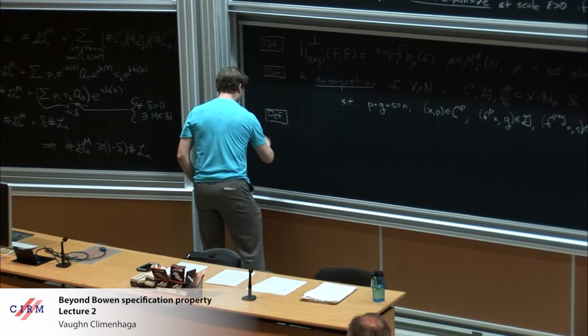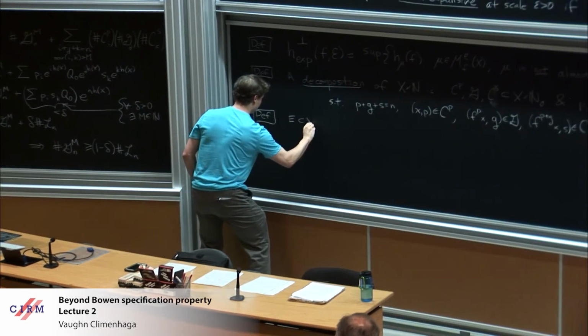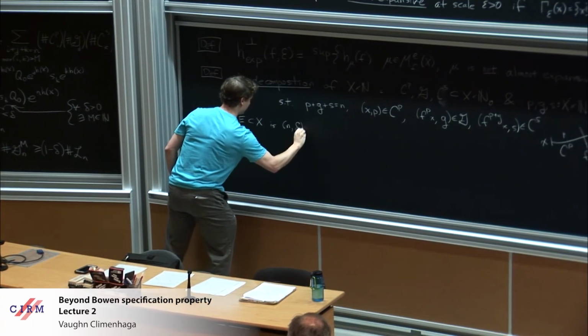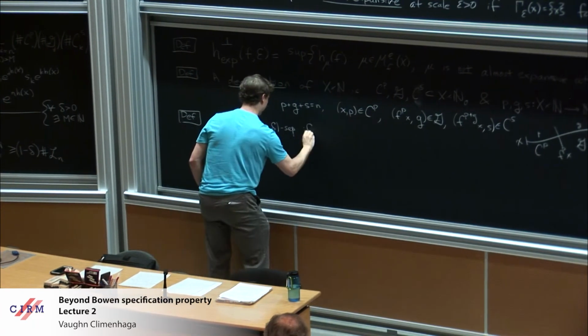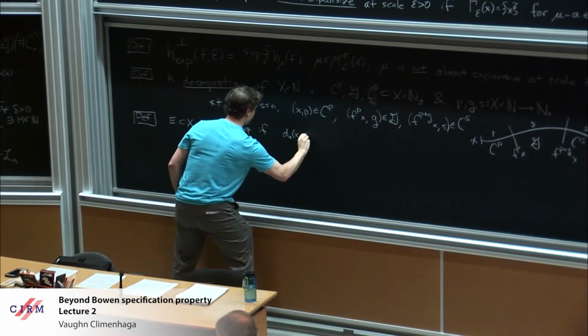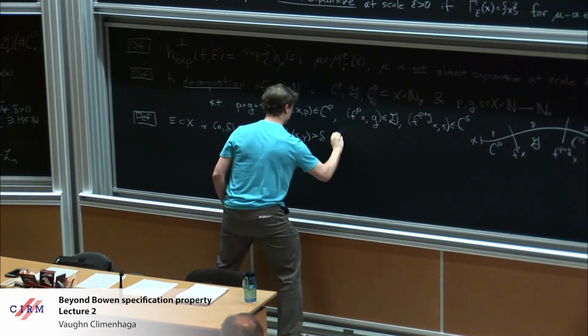So, recall that a set is n,delta separated if the distance between any 2 points in it is at least delta.